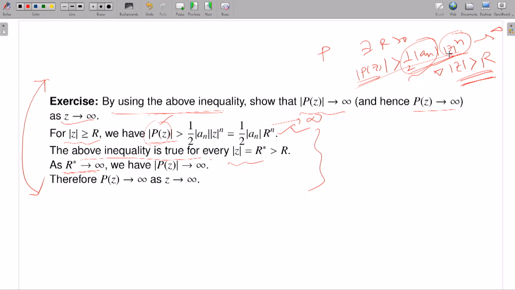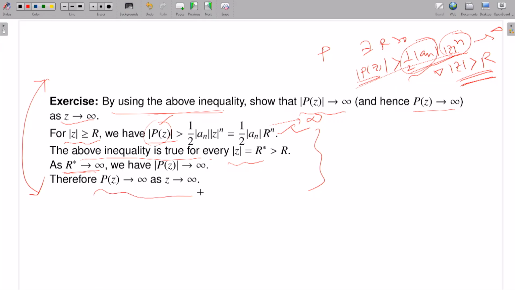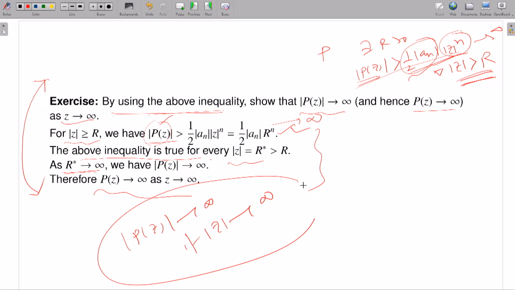And since this blows up and modulus of Pz is greater than that one, modulus of Pz also blows up. So the conclusion is that modulus of Pz approaches infinity if modulus of z approaches infinity, and that follows from this inequality. So that is why I need it.